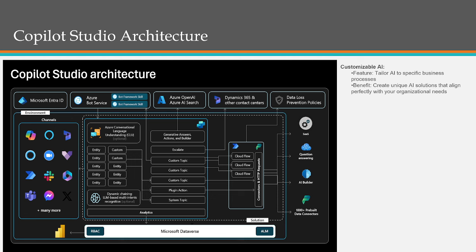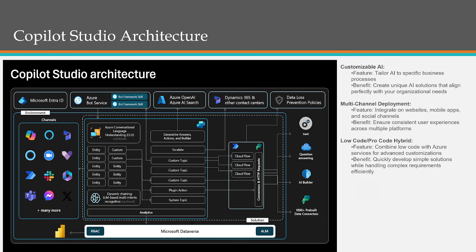This Copilot Studio architecture and usage is so beautiful, similar to Power Platform. You can drag and drop, give the knowledge base, it goes through that and gives the information, and it can be deployed in multiple channels like Teams, Salesforce, and Slack environments. It's low code, no code, like I mentioned before.